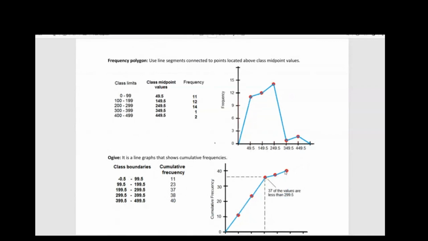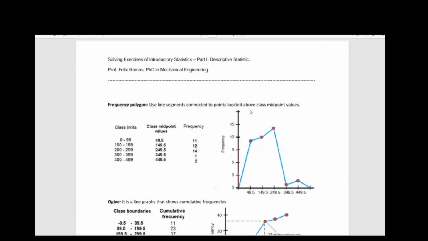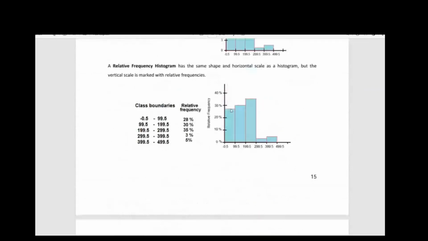So how do you get a frequency polygon like this? Well, you will mark the class midpoint here in the middle of this class, at the top of the bar. Remember that for the first class, we said the class midpoint is 49.5.